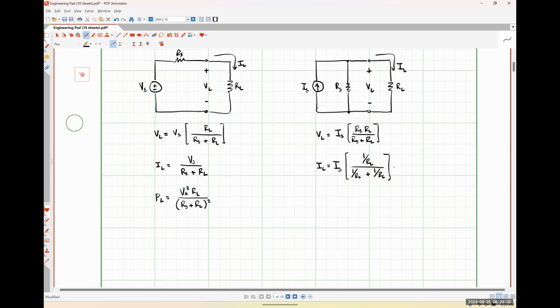And this is actually equal to IS times RS over RS plus RL. If you don't believe me, I encourage you to do the very easy amount of algebra. Simply multiply the 1 over RS by RL over RL, multiply the 1 over RL by RS over RS, and you'll get that result in 2 steps. So nothing particularly wild or crazy there.